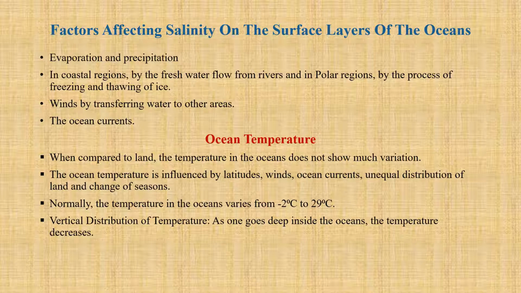Normally, the temperature in the oceans varies from minus 2 degrees centigrade to 29 degrees centigrade. When we look at the vertical distribution of temperature, we can find this. As one goes deep inside the oceans, the temperature decreases.